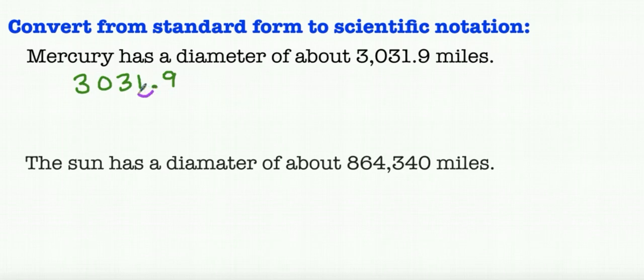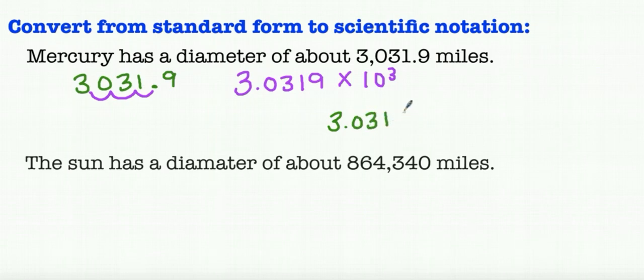So in order for this to be in scientific notation, our decimal would have to be between the 3 and the 0. So it would be 3.0319. And in order to get this number back, we would have to move to the right. So 1, 2, 3 to the right. And if we're not sure, we could always go back and check. Because that's 10 to the power of 3, I'd go 1, 2, 3. That is where my decimal started, so it's all good.